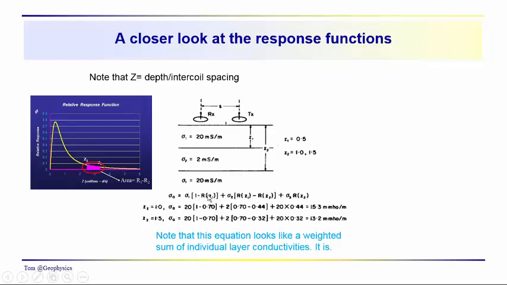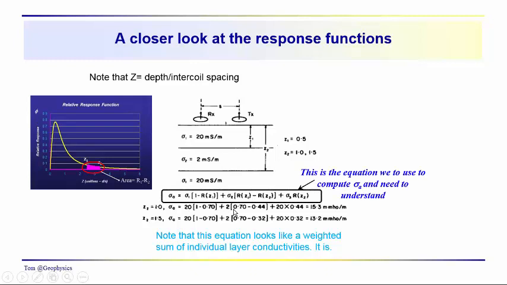And you have 1 minus R1, R1 minus R2, and R2. So again, this is just a weighted sum of the individual conductivities. This R1 minus R2, as we noted, allows us to get this area between Z1 and Z2.